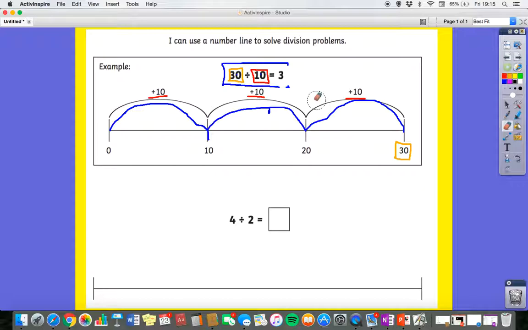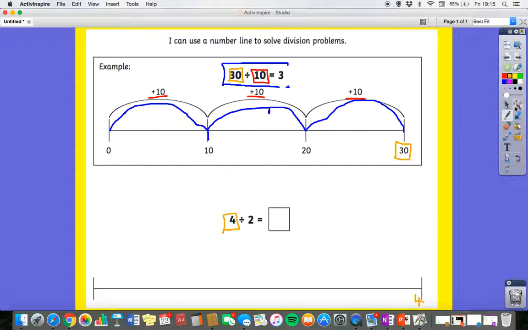Okay, this one might be a little bit easier, but we're just starting off, so we'll start off small before we get more challenging. But I've got 4 divided by 2. So in orange is the number that I want to get to. So I'm just going to write that here. I want to reach 4.